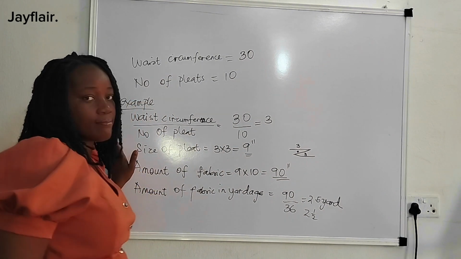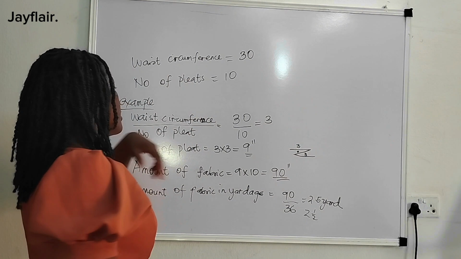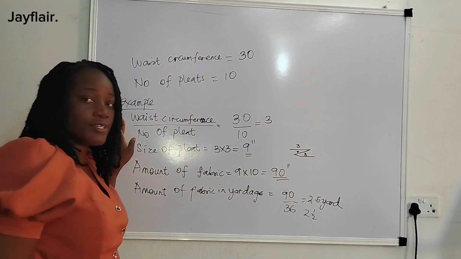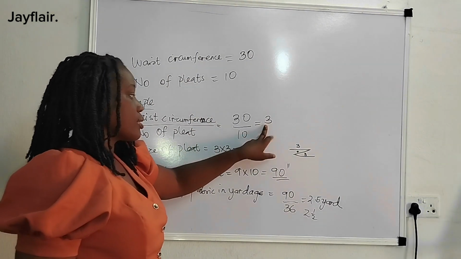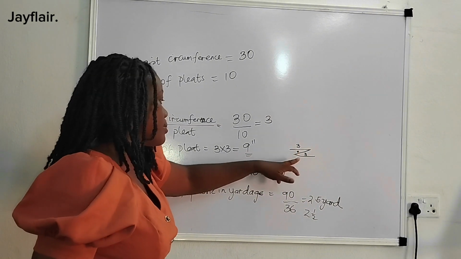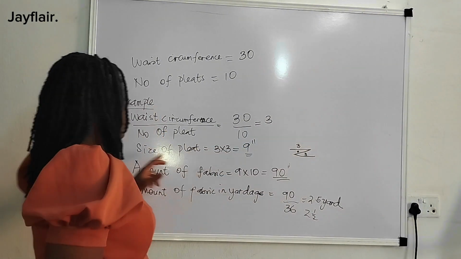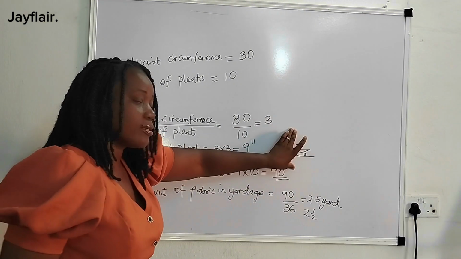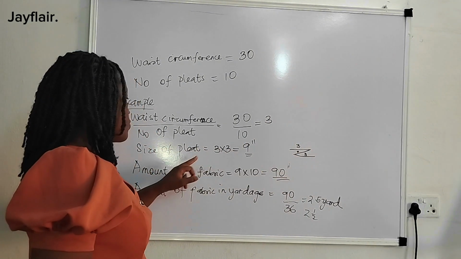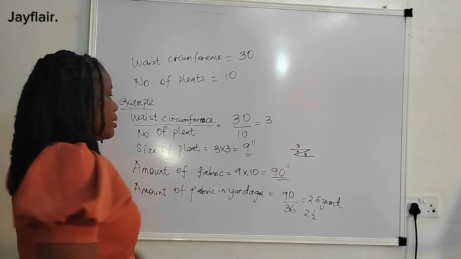So it's as simple as this. Very easy steps. You just need to know your waist circumference, your number of pleats, and then you divide your waist circumference by the number of pleats to get the size of each layer of the pleats. I said the pleat is a multiple fold of 3. Now the size of each pleat, the 3 that you got from here times 3, and that's 9 inches.